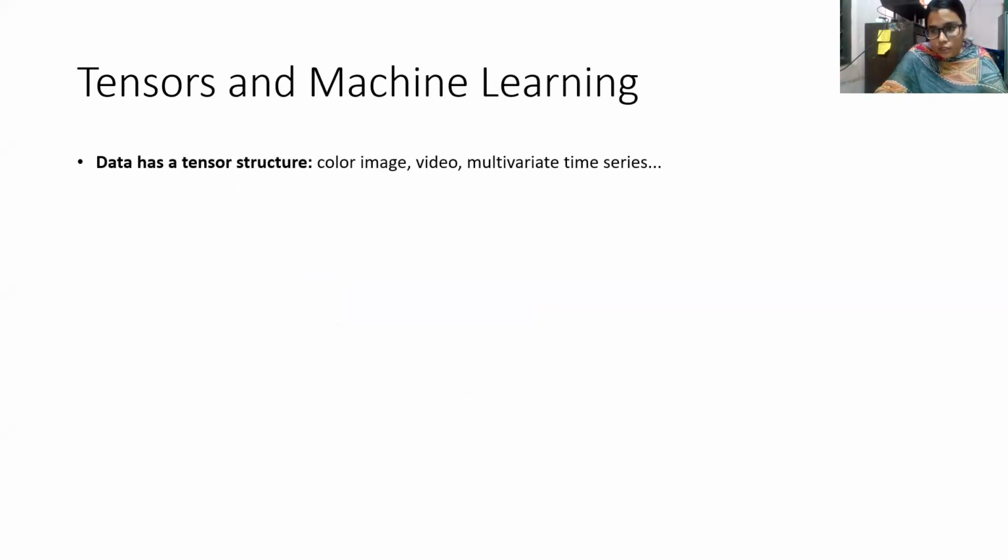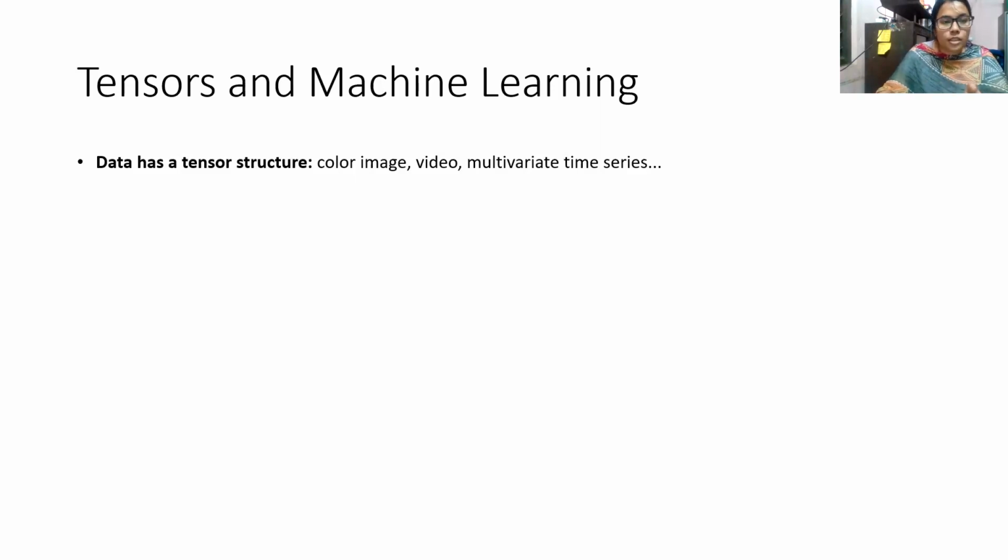Now we will talk about how the tensor is connected with machine learning. As we know, our real life data are organized like distributed data, right? So a tensor tries to find some pattern from that distributed data, and that's the core idea that connects the tensor with machine learning.